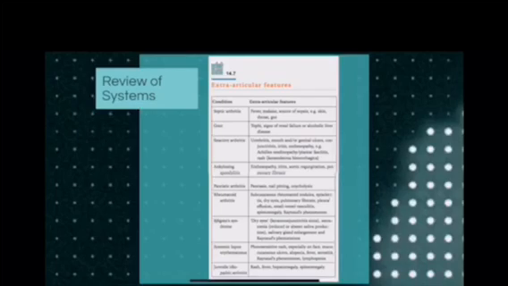So you do SOCRATES for the joint pain perhaps that they're having, but then you really have to go through a thorough review of systems and ask, are you having skin problems, eye problems, fever, fatigue, weight loss, chest pain, difficulty breathing, nausea, vomiting, difficulty swallowing, constipation, diarrhea, blood in your urine, difficulty urinating, pain when you urinate. And all of these things, you just want to go down the body and ask them, because it really will help you define some of these more difficult conditions to diagnose.